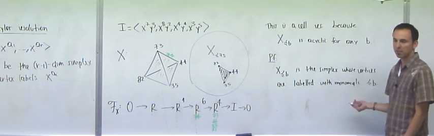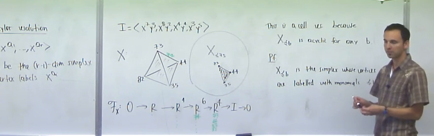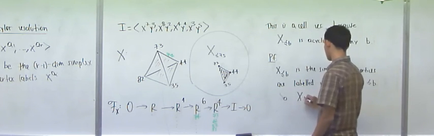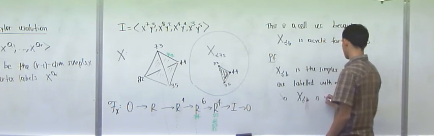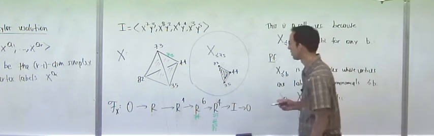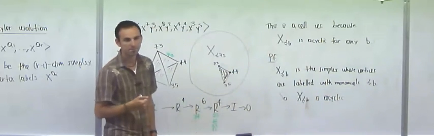And because it's a simplex, that means it's a full simplex, so there's no holes there, there's no homology. Okay? So that's it. That's a proof.